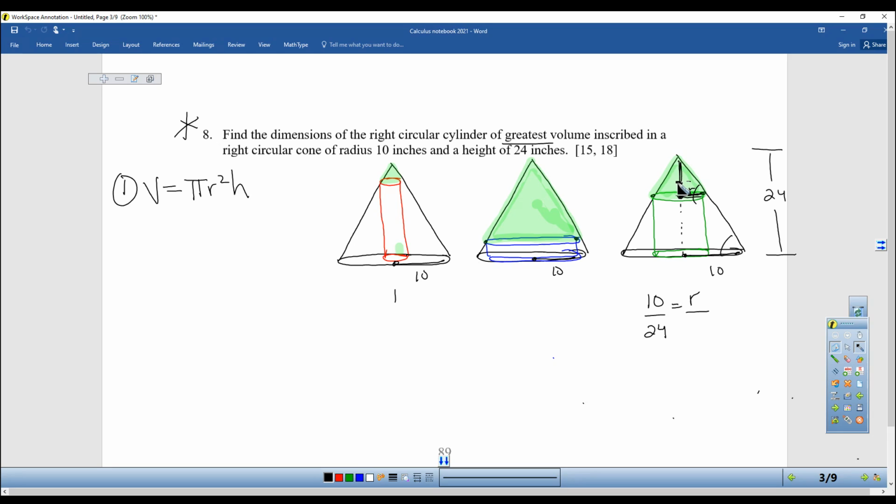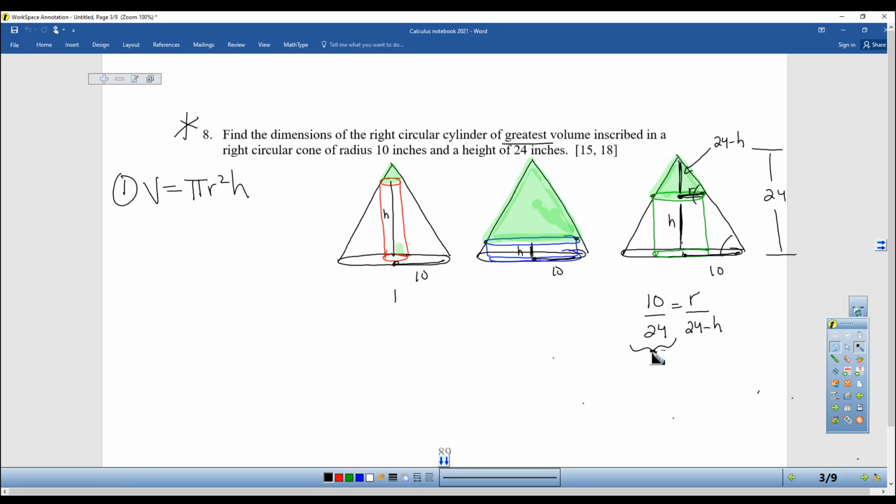How can I represent that? Well, what I really want to know is the height of the cylinder, but they're always going to be related. The height of the cylinder and the height of the cone that I've made on the top is always going to be 24 minus h. That's how they're related. So 24 is the whole thing. So however big I make this cylinder, what's left over is going to be 24 minus h.